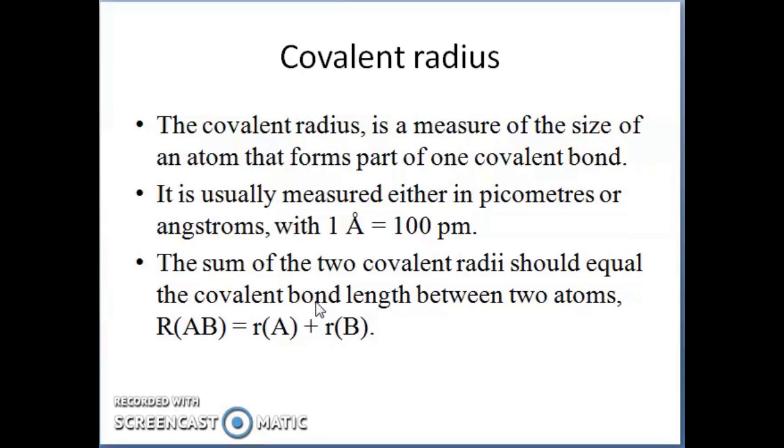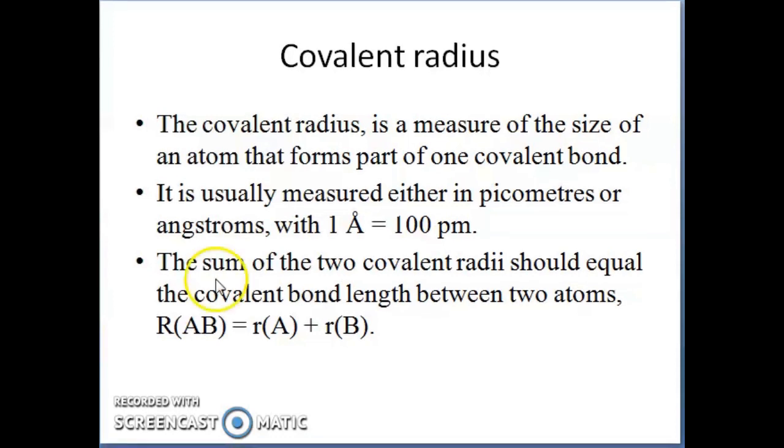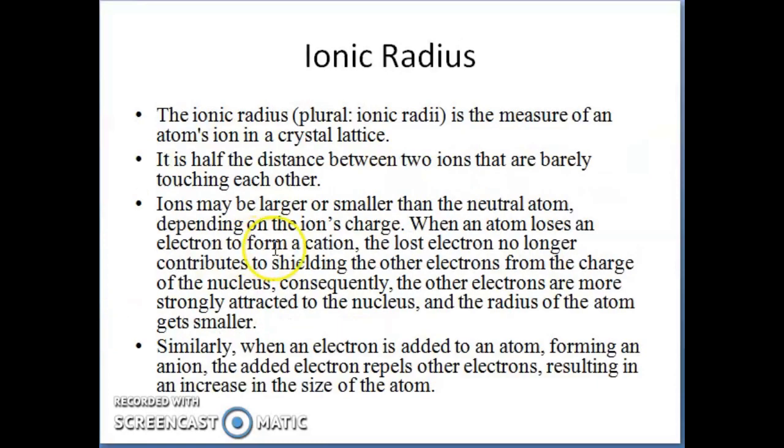The second radius we talk about is the ionic radius. Ionic radius is the measure of an atom's ions in the crystal lattice, or in simple terms, half the distance between two ions that touch each other, wherever an ionic bond exists.